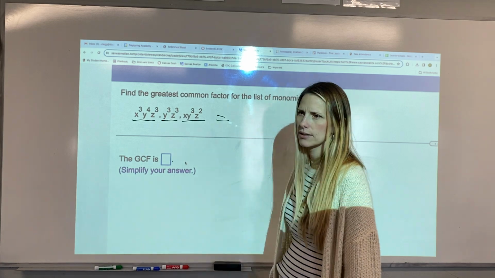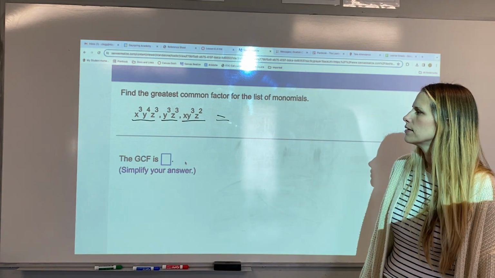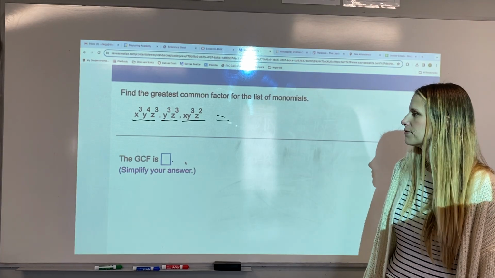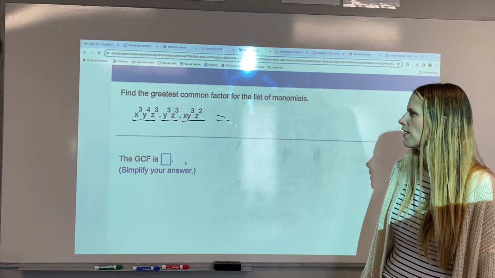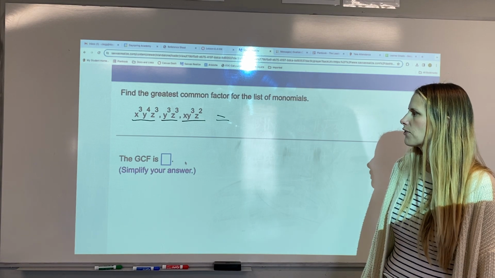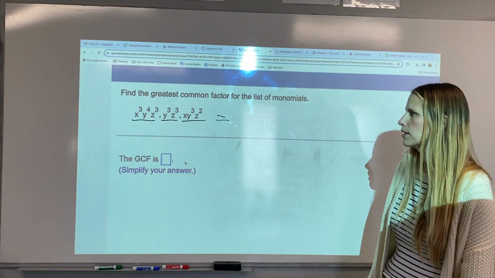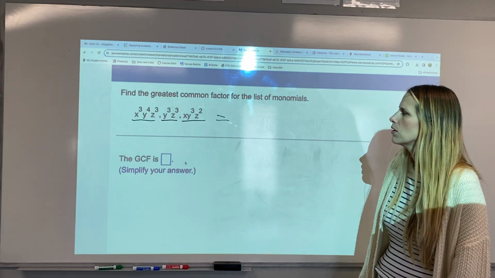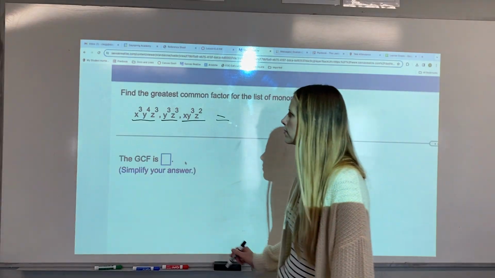What is it? Let's do the x's first. We have x, y, and z. Let's identify all of the x variables in each term.